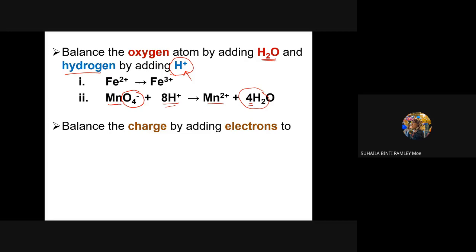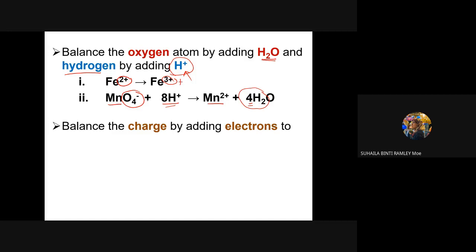Okay, for example here kita ada 2+. Okay, yang ini 3+. So which side yang more positif? 3+, right hand side. So kita akan add electron di sebelah kanan. So how many electron? 1 electron.